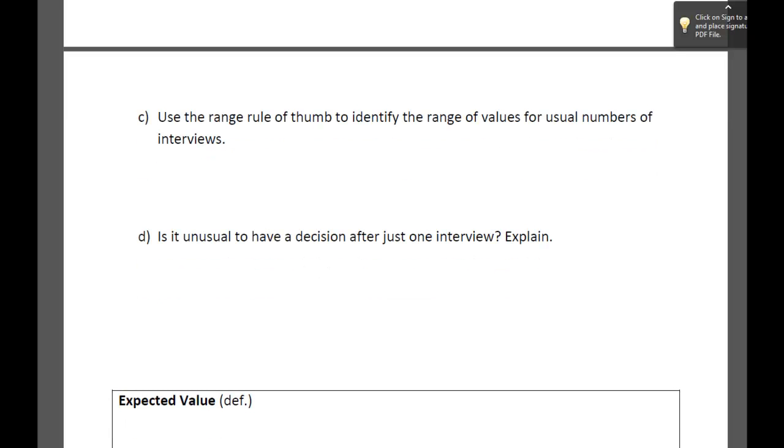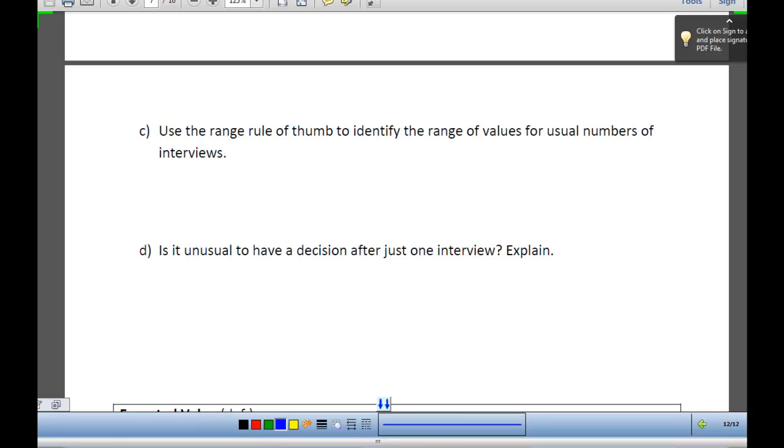All right, D, use the range rule of thumb to identify the range of values for usual numbers of interviews. Okay, so again, to use the range rule of thumb, we're going to look at mu plus or minus 2 sigma. Okay, mu in this case is what? 2.9. Okay, and the standard deviation was 1.2.